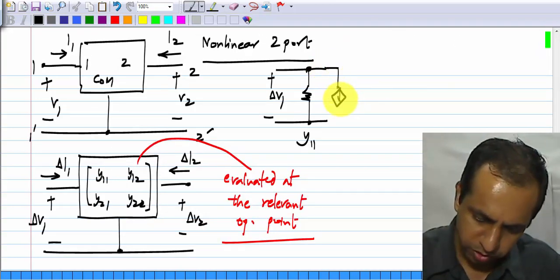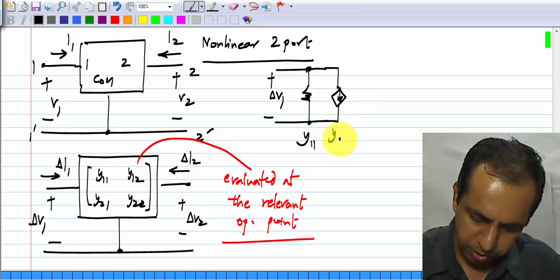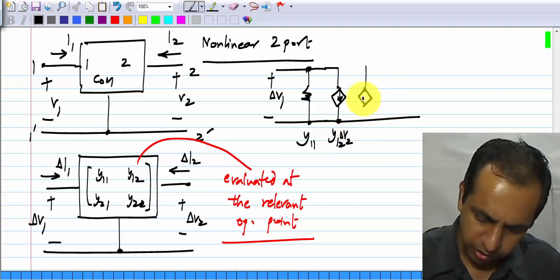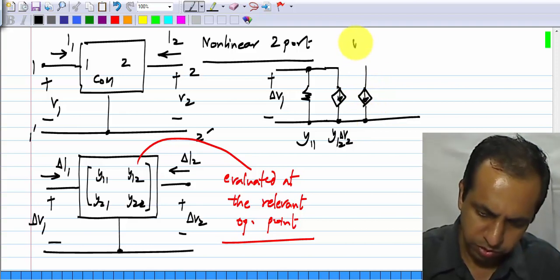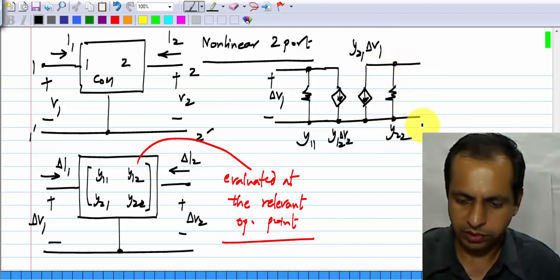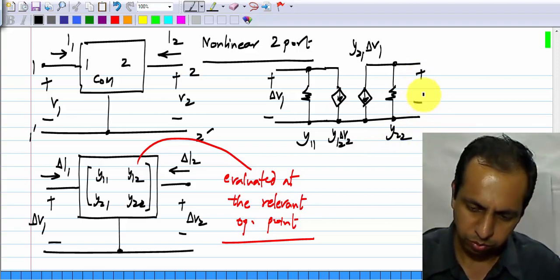And you will have a control source which will be Y12 delta V2, and on the other side we will have a control source which is Y21 delta V1 and a conductance Y22 or a resistance 1 over Y22.